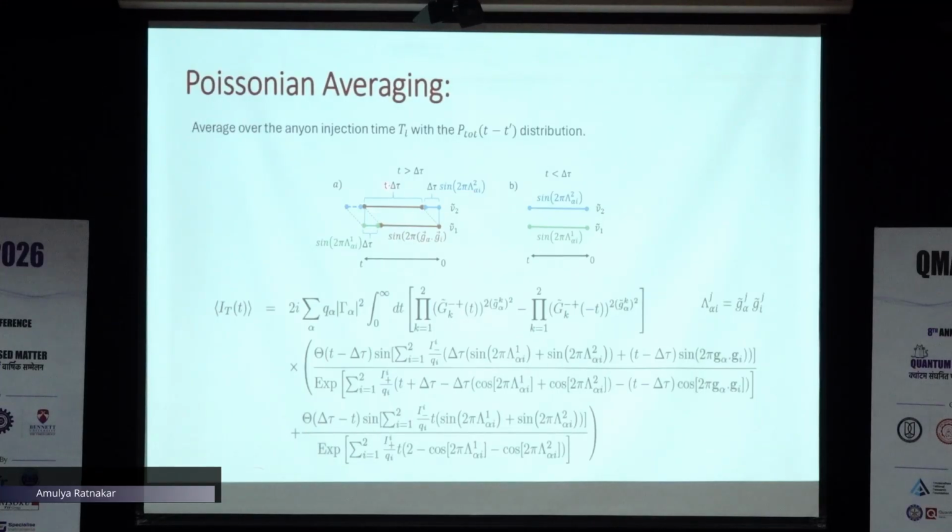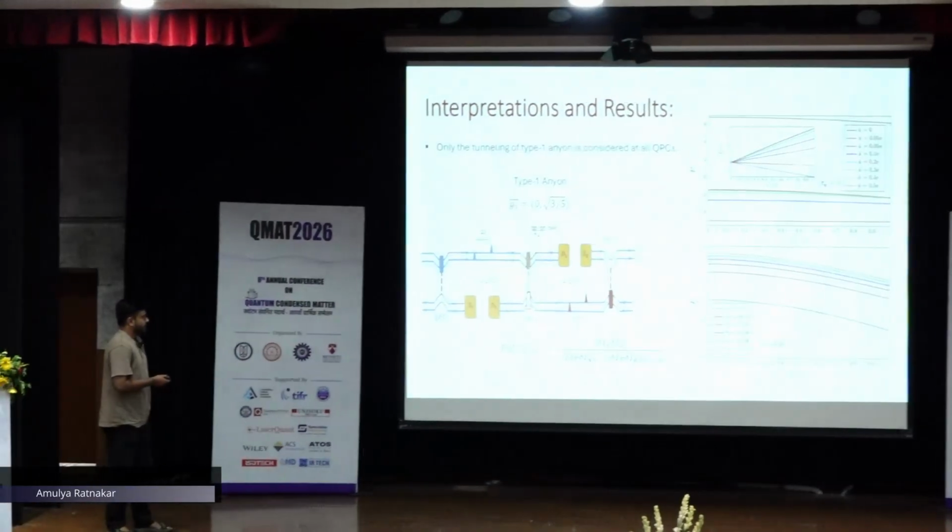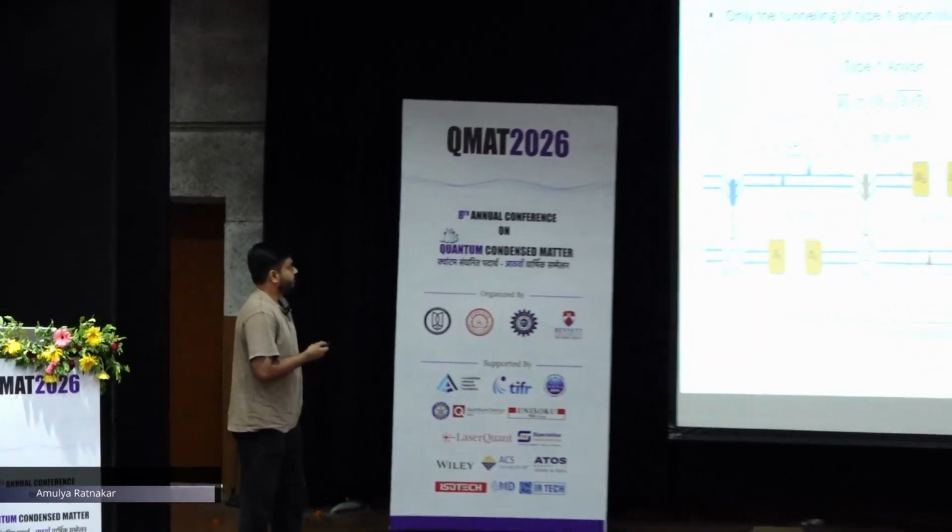However, in the time domain t minus delta tau, we have a phase which does not depend on the interactions. But in the time domain where t is less than delta tau, we have the phase which depends on the interaction, and this is the long junction limit. And this is the final slide for my results.